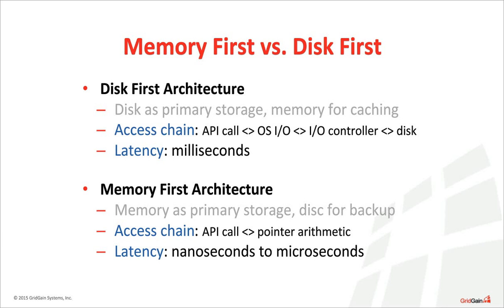Think about the disk-first architecture. Let's imagine your application needs to get a piece of data. Think through the chain of calls it needs to make. The application has to make a call to the operating system I/O. The operating system I/O makes a call to I/O control, and I/O control then communicates with the disk, and the disk has a seek time.